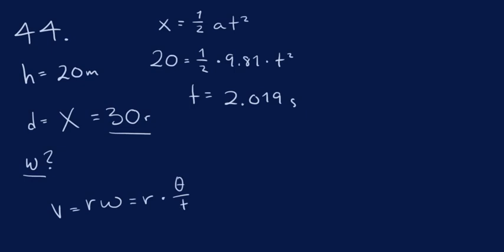And since we know that theta equals s over r, so theta equals s over r, and then divided by t, and then times r. We get rid of these r's, so it comes out to be s over t.